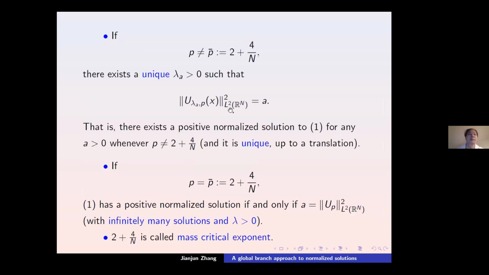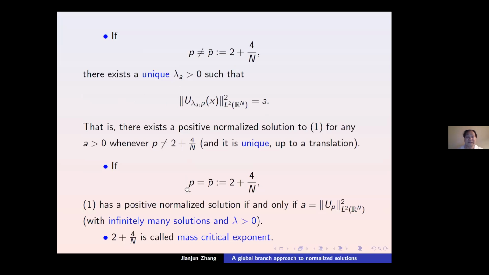So here we know this exponent, 2 plus 4 over n, is critical. This means that if p is different from p bar, there is a unique lambda a such that the mass of U lambda p equals a.